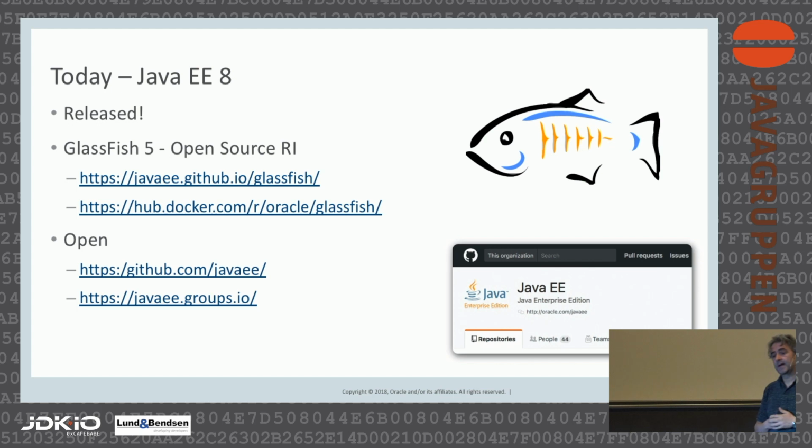Another issue is the fact that until now, given that Oracle was the spec lead of the platform specification, it was more or less a single vendor play. Oracle had a strong say about what would make it into the platform and what should be left out. So we basically want to change that. We want to reboot the way we develop the platform.